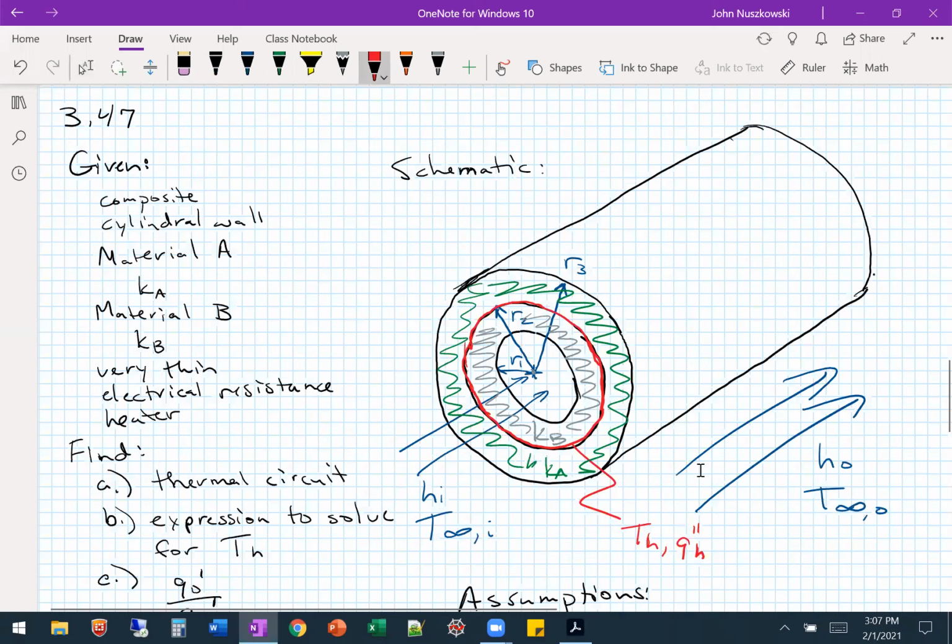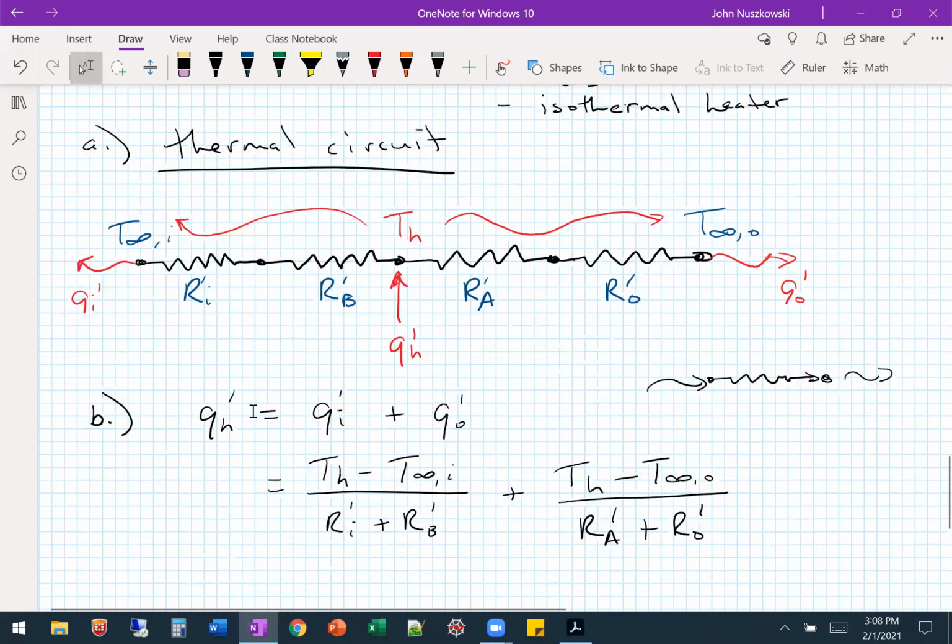We're given, as you see right here, QH double prime, which is heat flux, and we need heat per unit length. So do we just multiply that by the circumference? Yes. Okay. So normally, yeah.